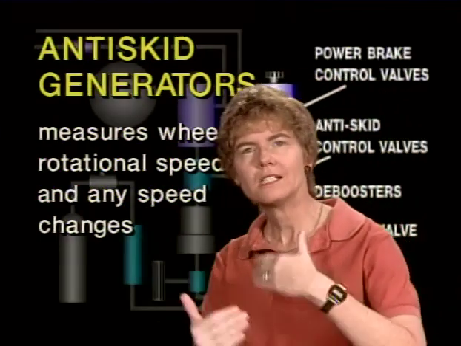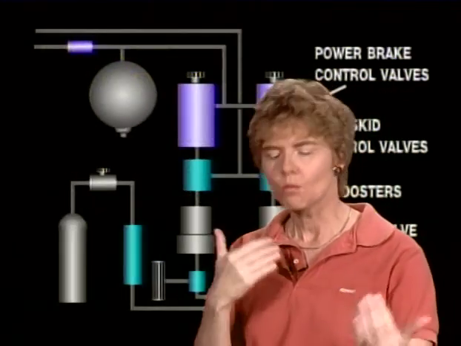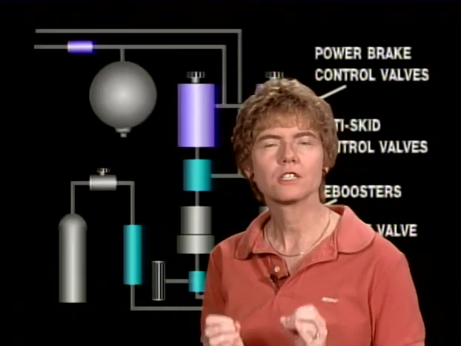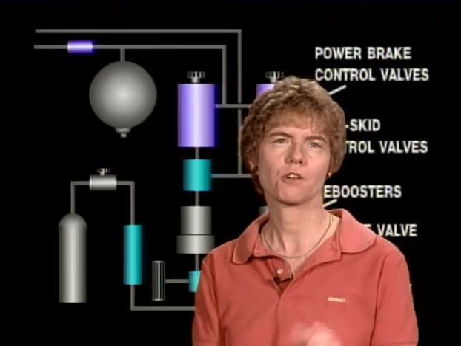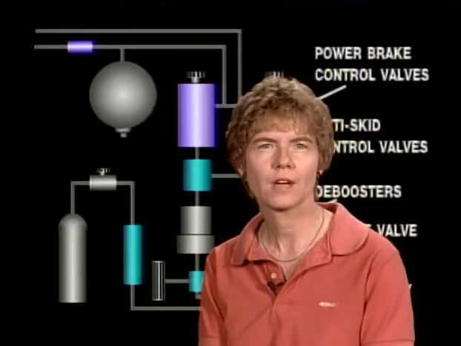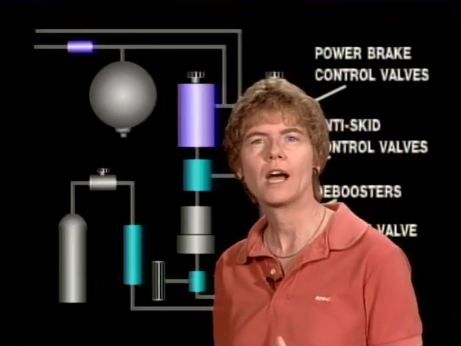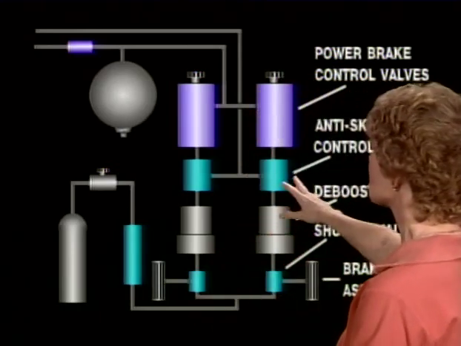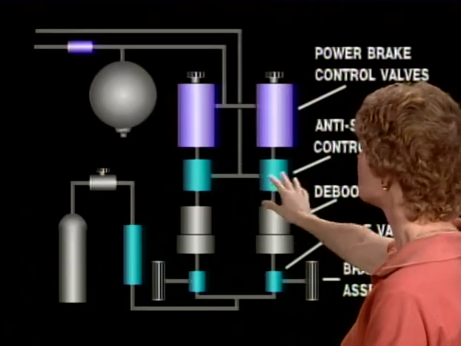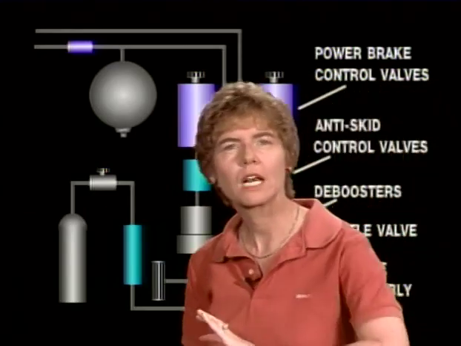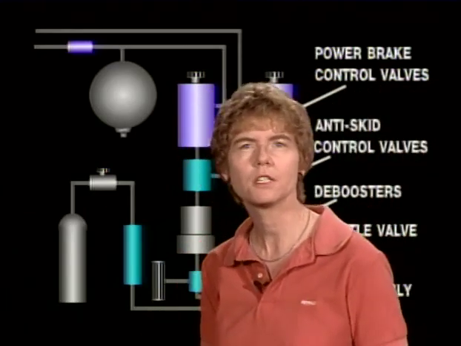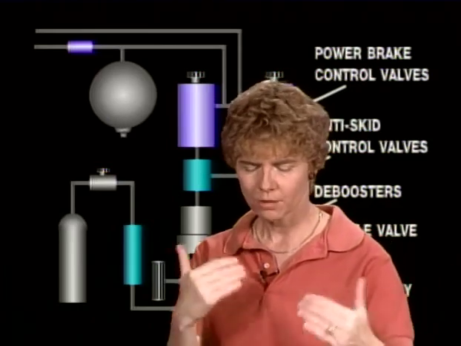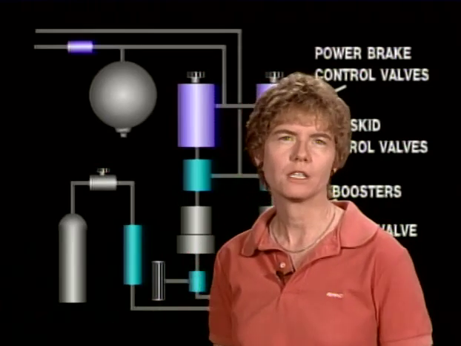Now, when it senses that the wheel is approaching a skid, an electrical signal is sent by the control unit, the brain, to the skid control valve. And the skid control valve relieves the hydraulic pressure on the brake. So here are our anti-skid control valves, and that's what's going to relieve the hydraulic pressure on the brake when it receives a signal from the control unit, basically the brains of the system.